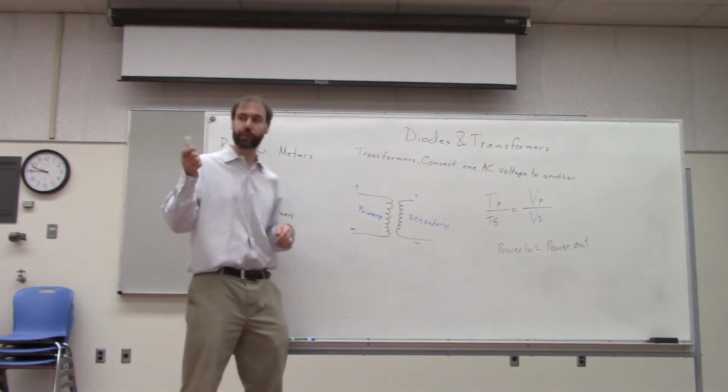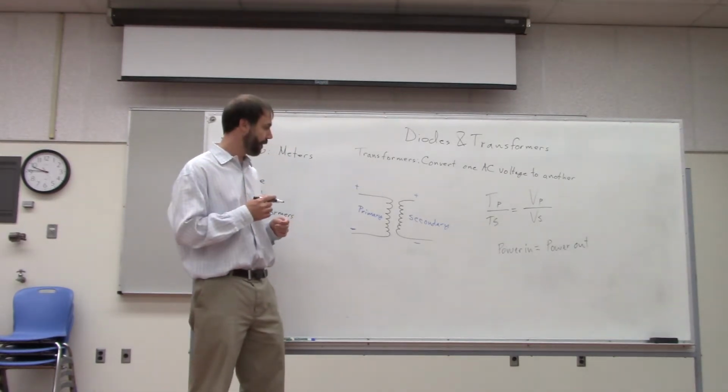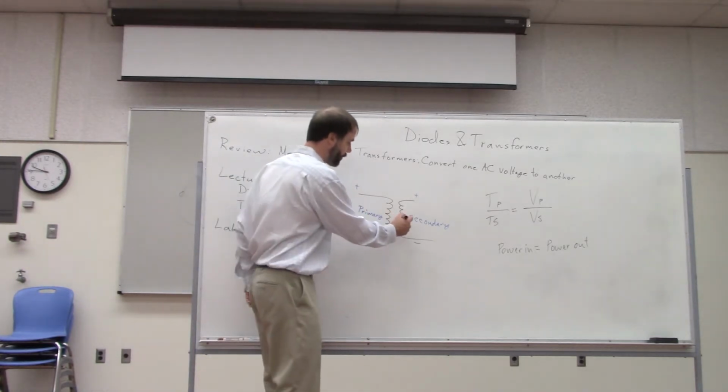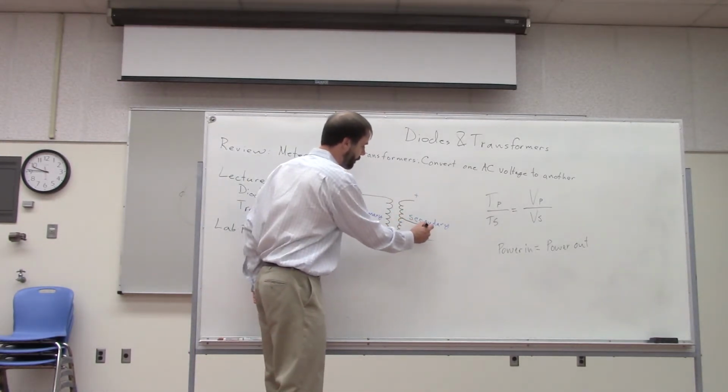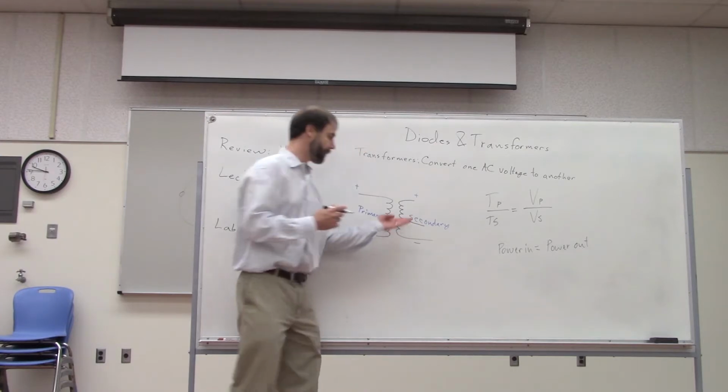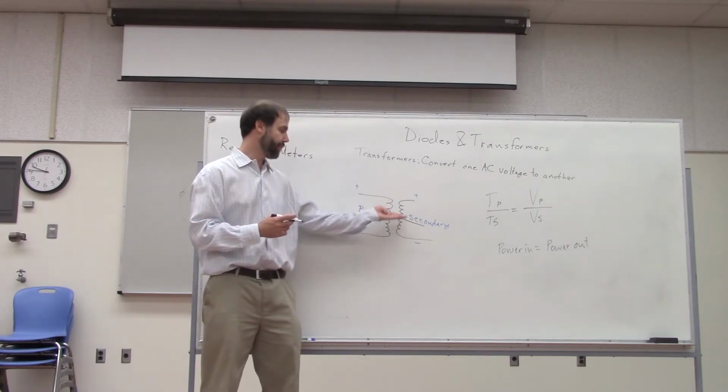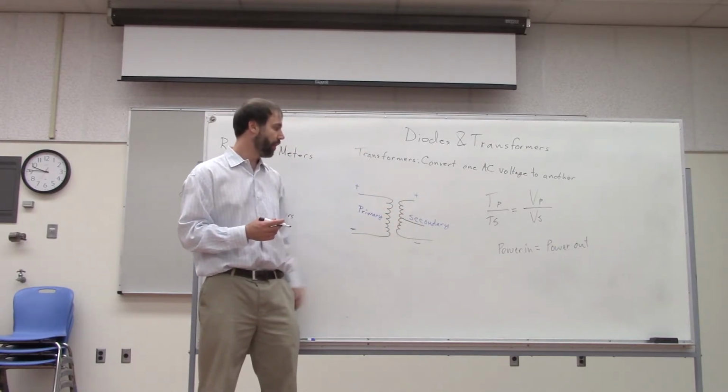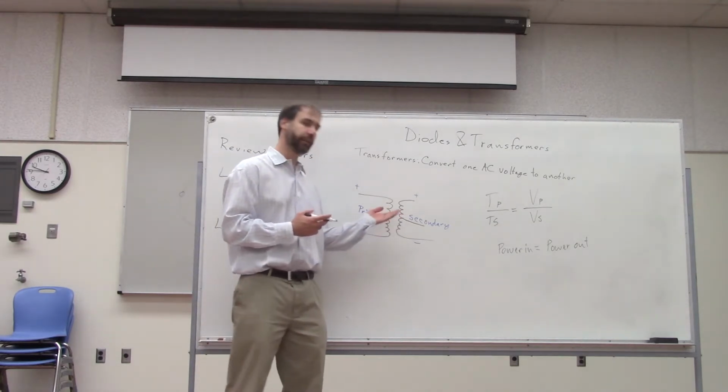Now, like I mentioned a minute ago, some transformers have this extra feature which is called a center tap. Basically that's just an extra wire which is soldered on to the middle of the secondary coil.